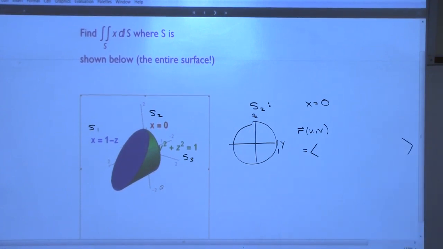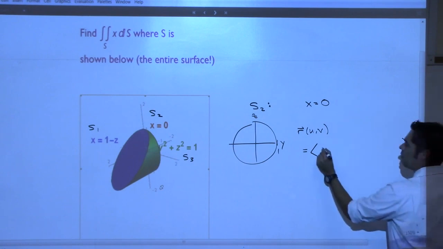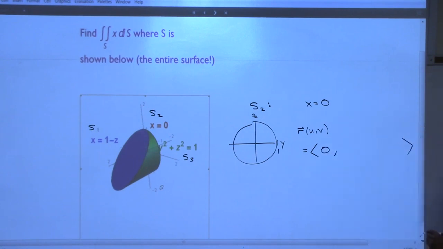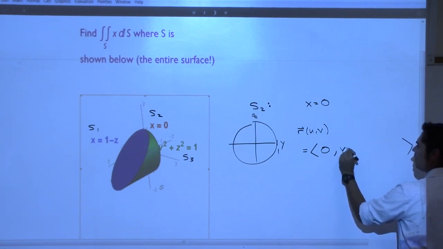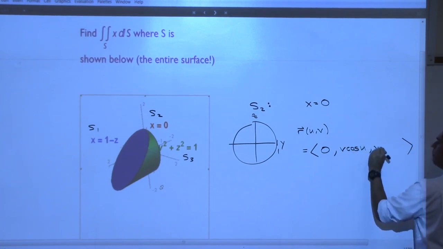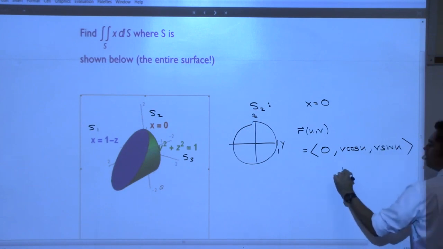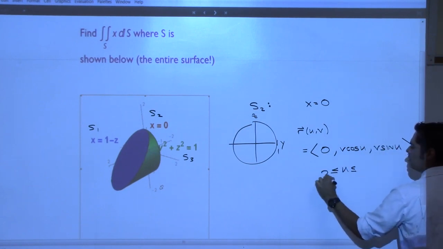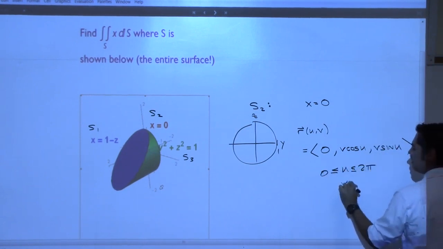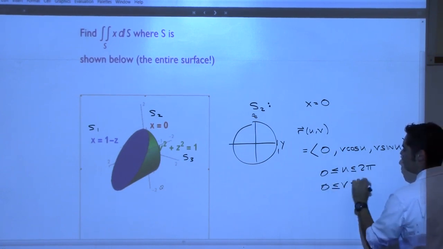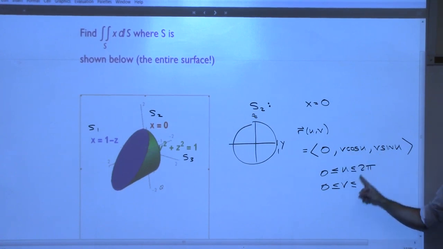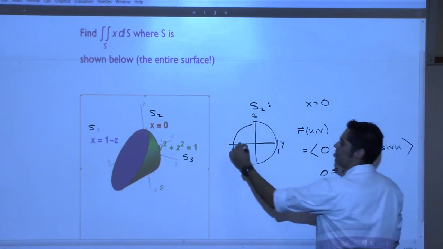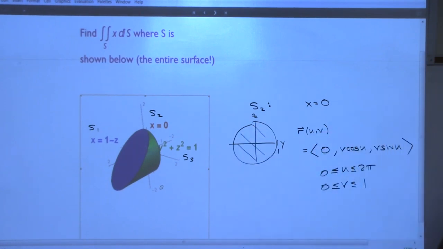You want to help me? 0, v cosine u, v sine u, u's between 0 and 2 pi, v's between 0 and 1. This will draw me circles with a changing radius. The radius is going to change from 0 to 1, so it should draw me that entire disk, right?